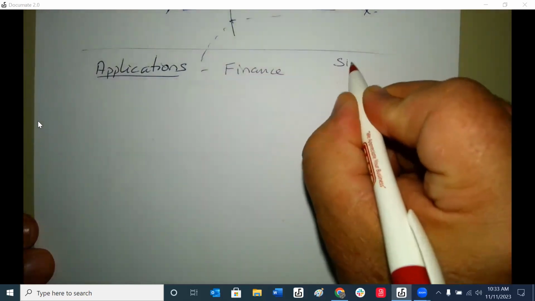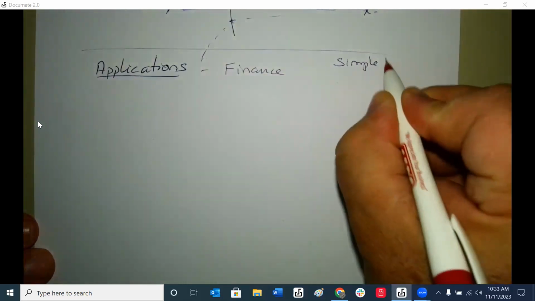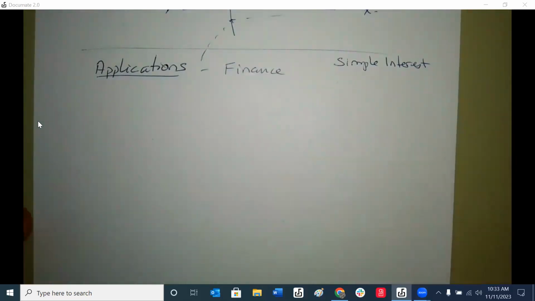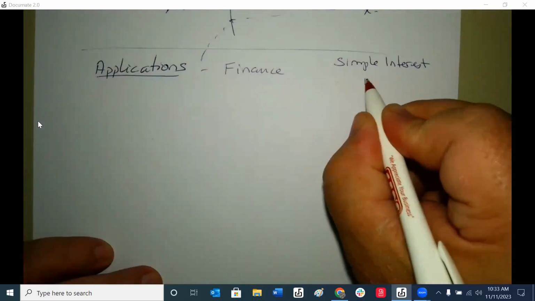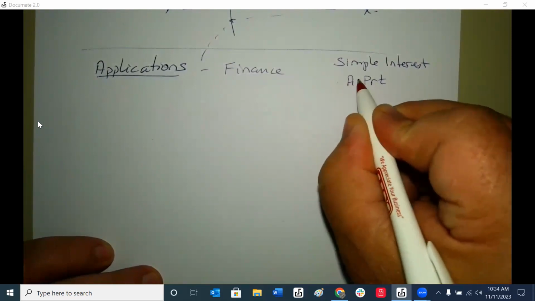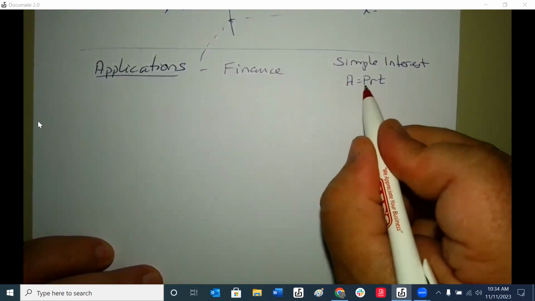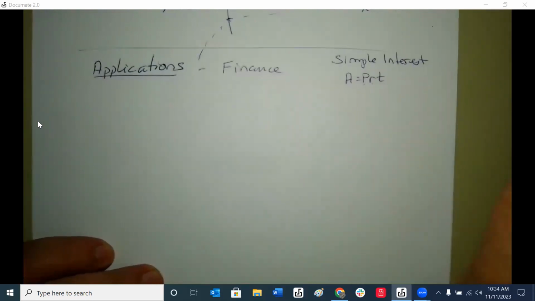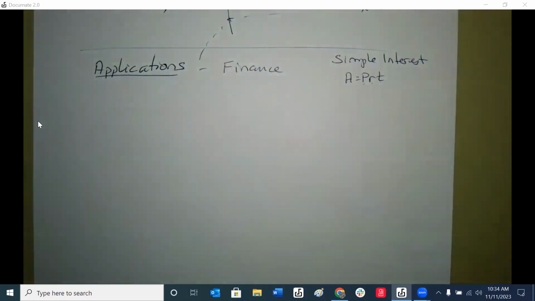There's simple interest, which is the amount you pay back, based on the principal, the amount you borrowed, how long you borrow it, and what rate. It's just a one-time thing.